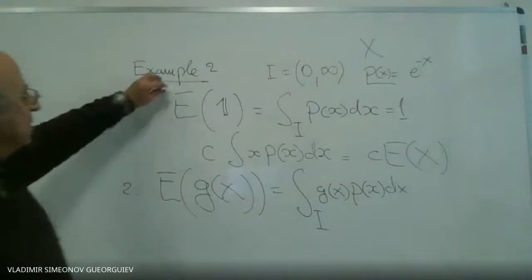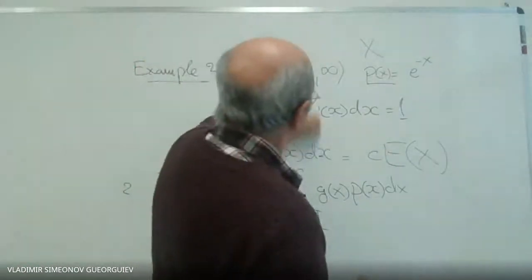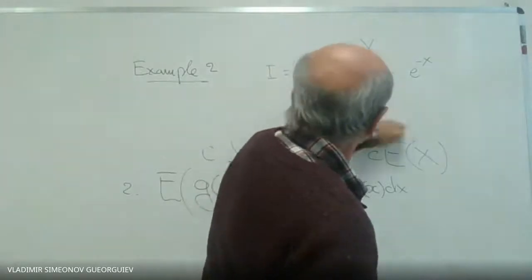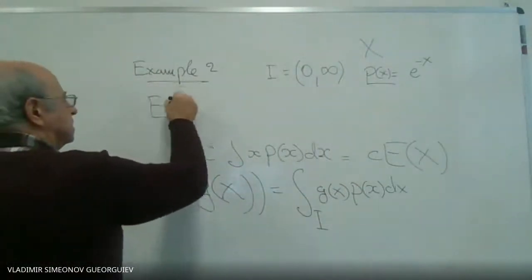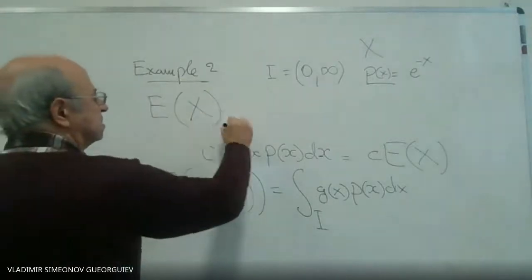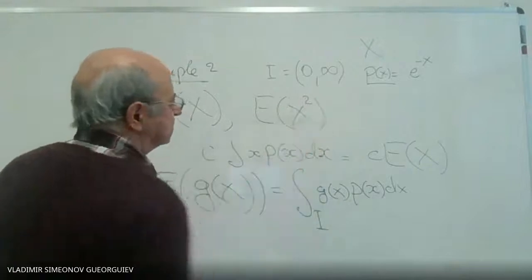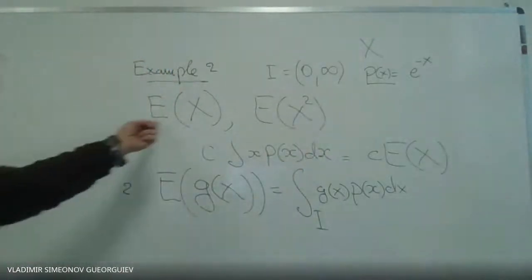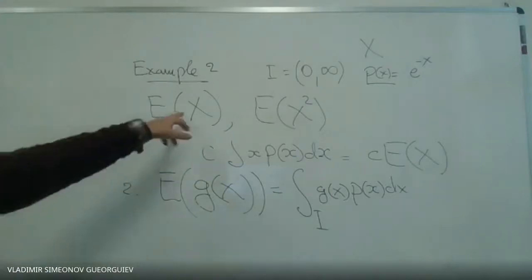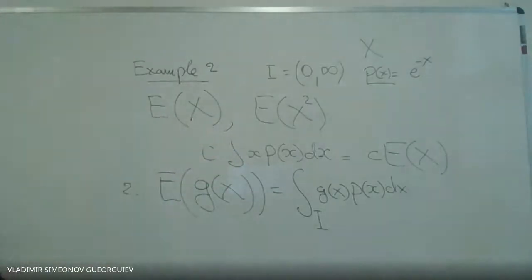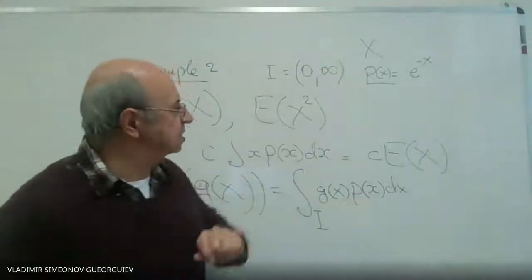And let us compute the expectation of x and then the expectation of x squared. These are typical exercises we shall do. How do we compute this practically? It is the integral of x p(x).